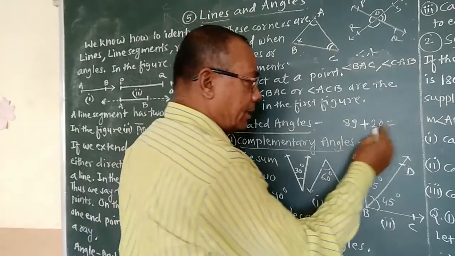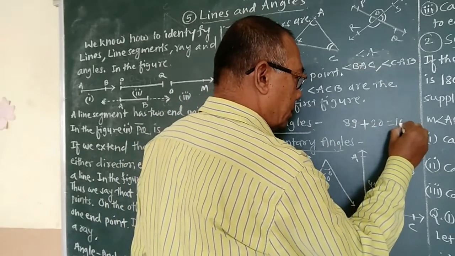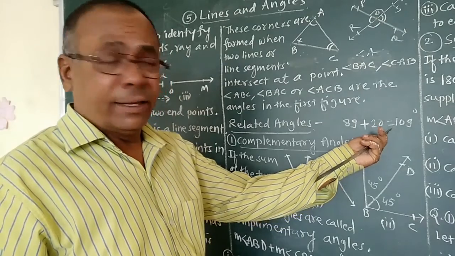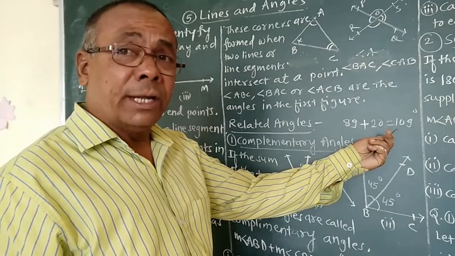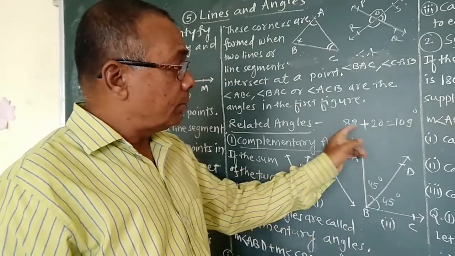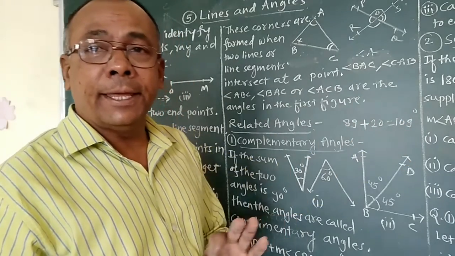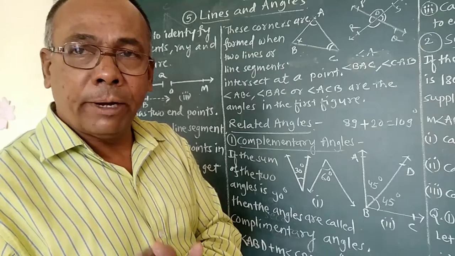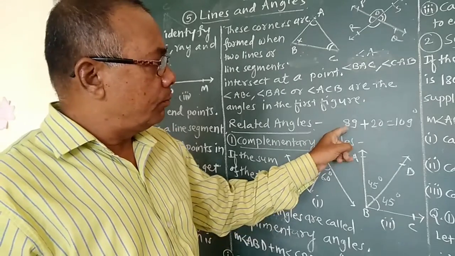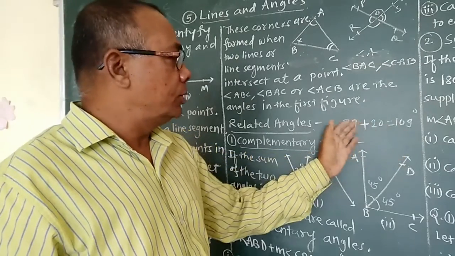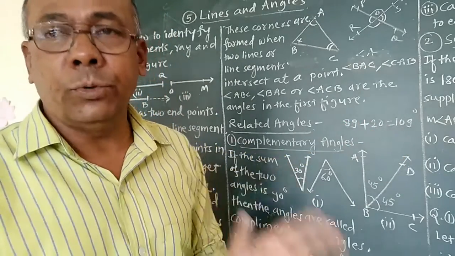And if we add, then we will get 109 degrees, and our condition is that the sum of the two angles must be 90 degrees, then and only then will they become complementary angles. But here the sum is more than 90, so these two angles are not complementary to each other.